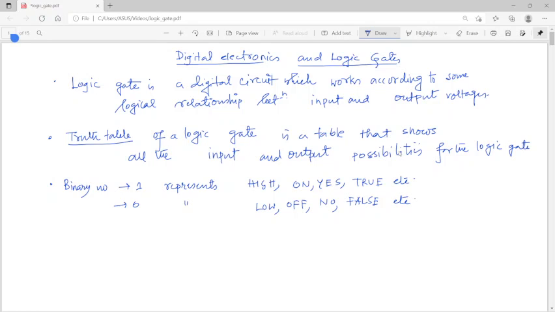So the gates allow the signal to pass through them only when some logical conditions are satisfied. Generally, there are three types of logic gates. These are called the basic gates. So what are the basic gates?